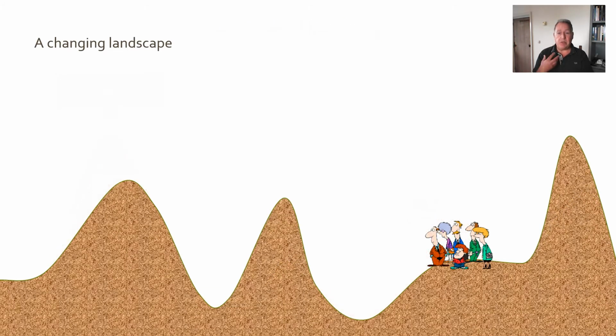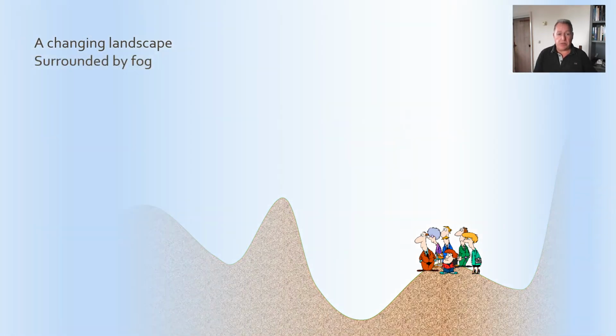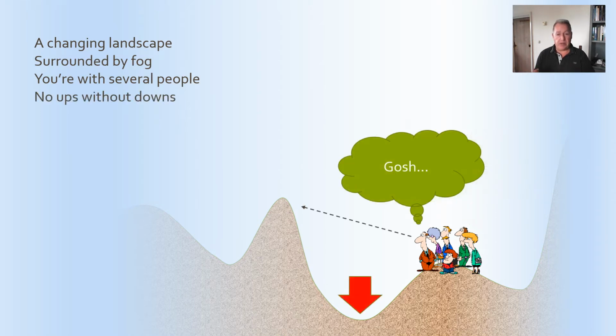It develops continuously. And hills can become valleys and valleys can become hills. Also, you're surrounded by a fog, so you cannot see that far. And you're with several people and other people can think in a different way. And you realize that if you want to go to another attractor, another hill, you have to go through a valley.